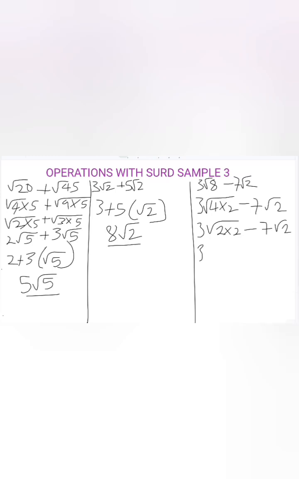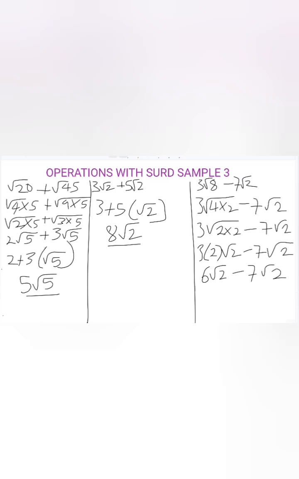You say 3 in bracket 2, close bracket, the square root of 2 minus 7 root 2. And next, 3 times 2 would get 6. So write out 6 root 2 minus 7 root 2.